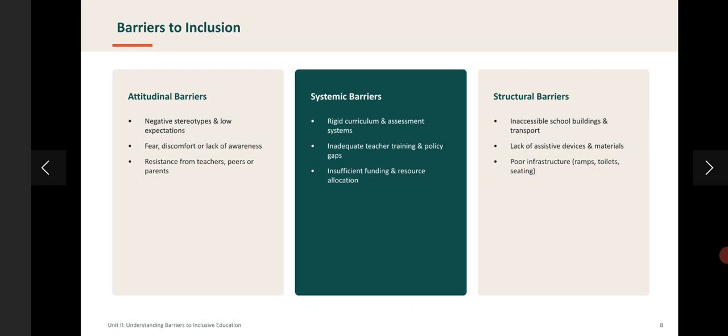Apart from this, negative thinking, social discrimination, sex discrimination, educational problem, emotional problem, adolescent stage, lack of capable teachers, lack of funds, everything. These are the barriers I can simply mention.